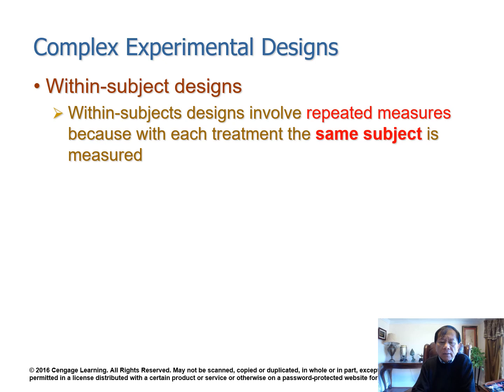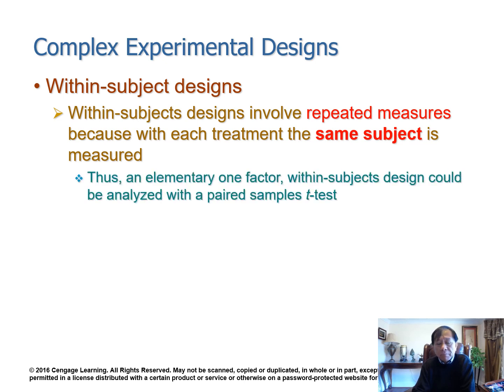Also, in more complex experimental designs, there's the issue of within subject design and between subject design. What is within subject design? Within subject designs involve repeated measures because with each treatment the same subject is measured.